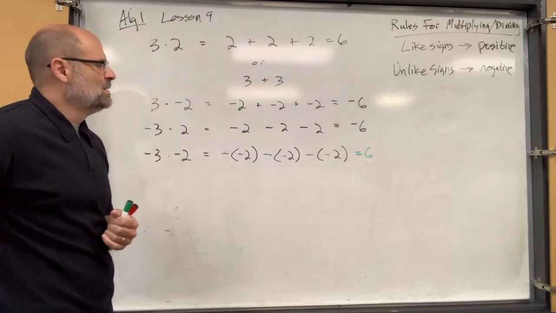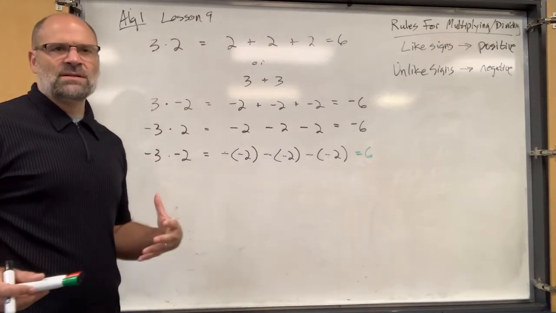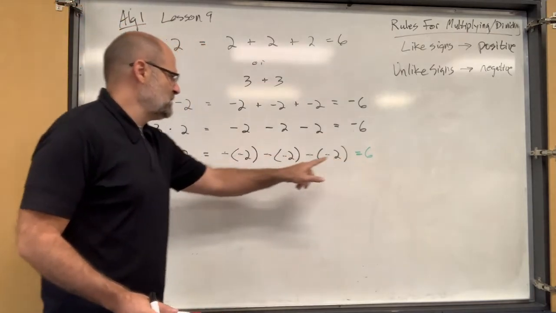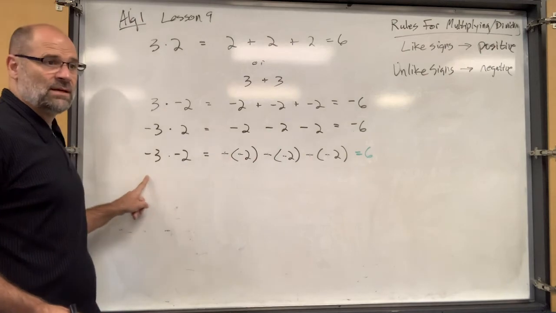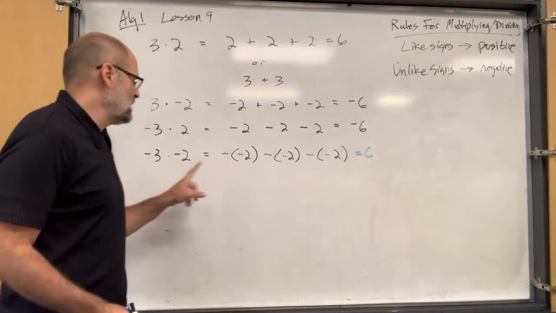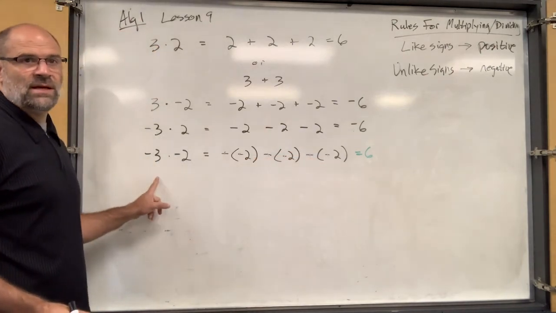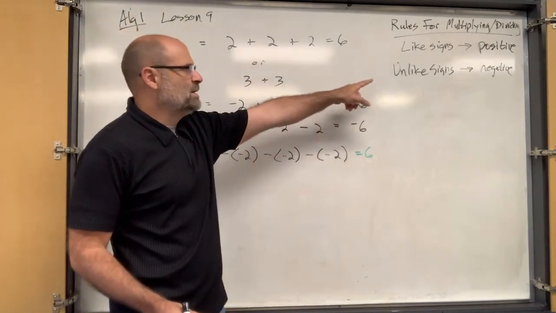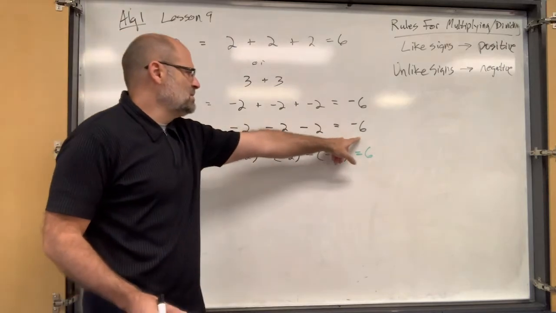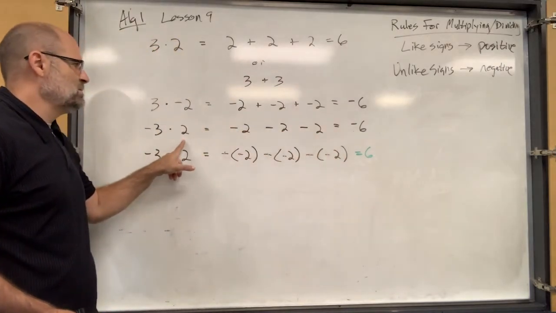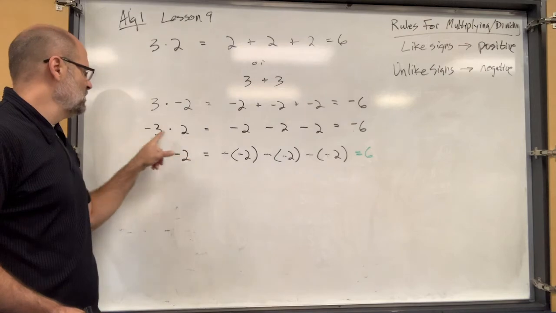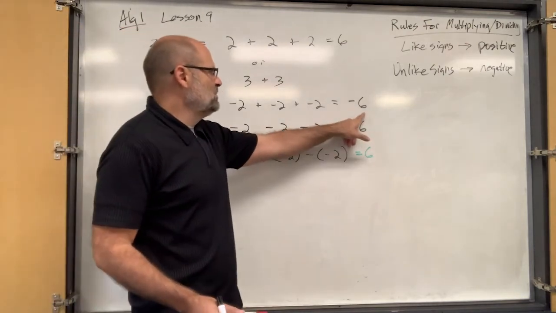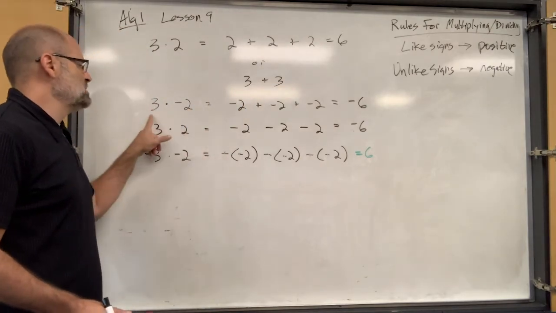Well, let's go backwards because division is just multiplication backwards, right? So what happens when you go 6 divided by -2? You get -3. So a positive divided by a negative is a negative. So unlike signs, negative. What's -6 divided by a +2? A negative divided by a positive is a negative. What's a negative divided by a negative? It's a positive.